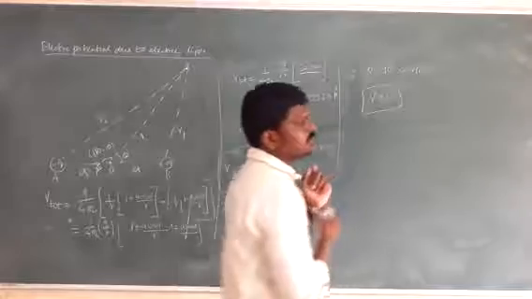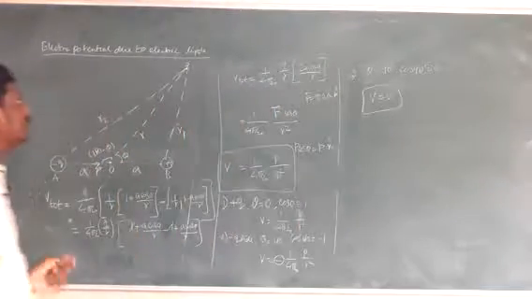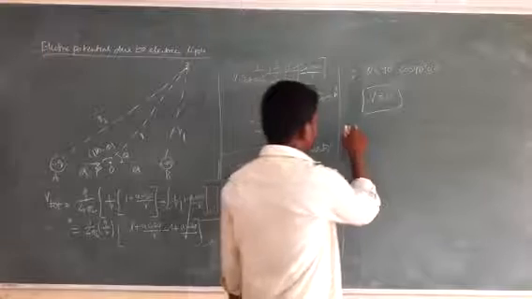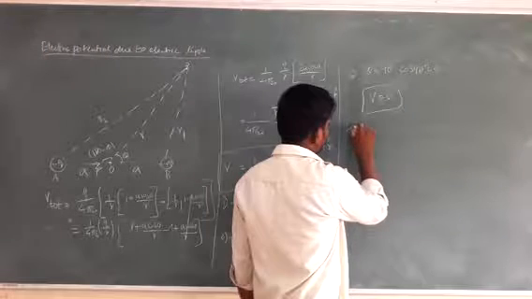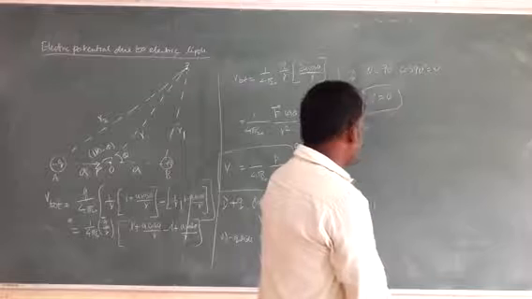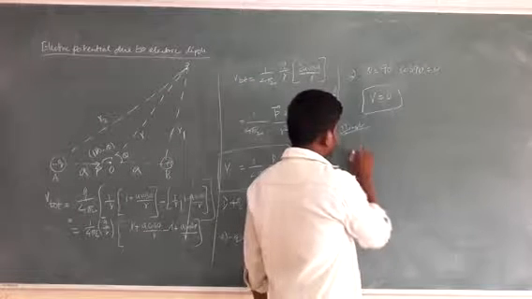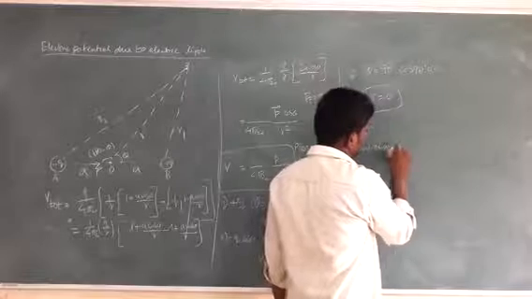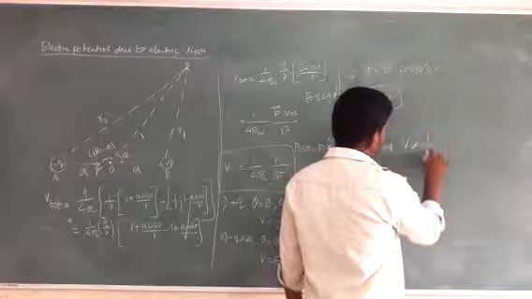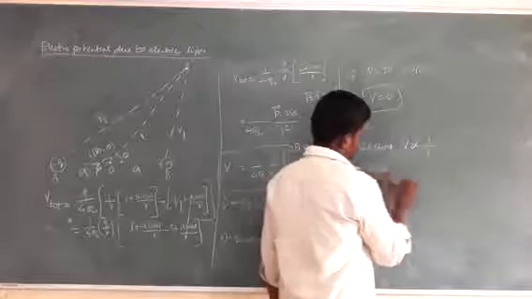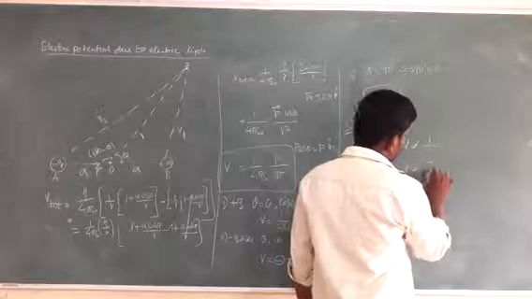Then what are some other special cases? Some important points about potential due to an electric dipole and a point charge. For a point charge, potential V is inversely proportional to R, but for an electric dipole, V is inversely proportional to R squared.